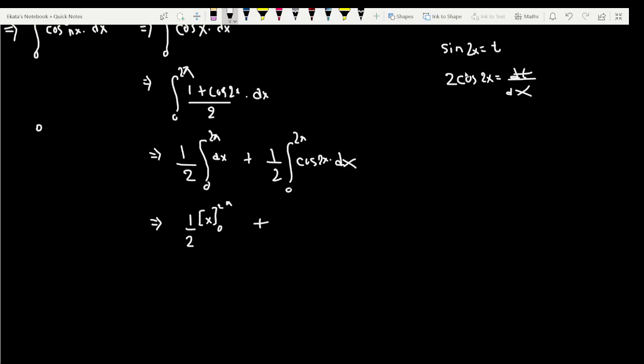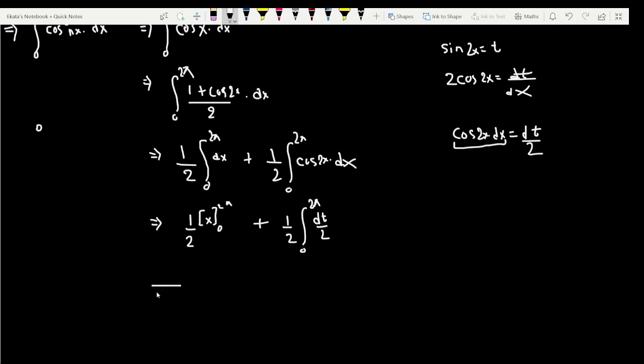Putting dx on this side and 2 on the other side, we clearly get cos 2x dx equals dt by 2. Substituting this in the integral, it becomes 1 by 2 times the integral of dt by 2.